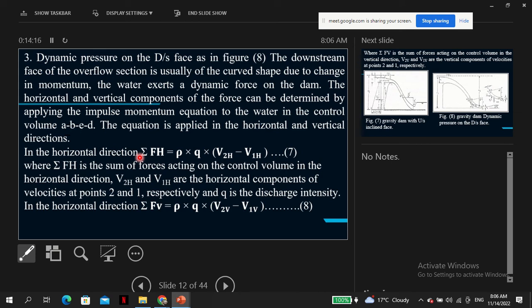We don't want the bottom of the dam to be eroded, otherwise with time you may no longer have the dam. Due to the change in momentum, the water exerts a dynamic force on the dam.